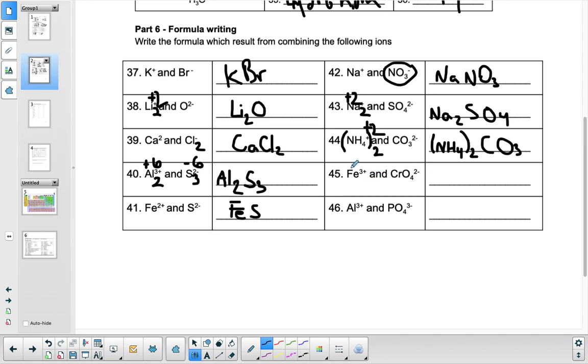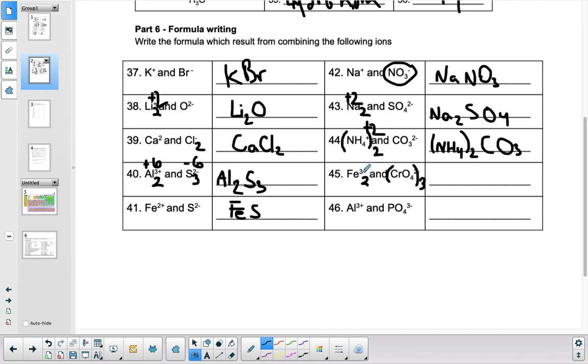45, we have iron, 3 positive, CrO4, that's going to be a negative 2. So we just need to do a little bit of flip-flopping. We're going to take the 2 here, put it there. Then we're going to take the 3 from the iron. We have a polyatomic ion, so we need to make sure we tripled the entire thing, so parentheses, and then the 3.